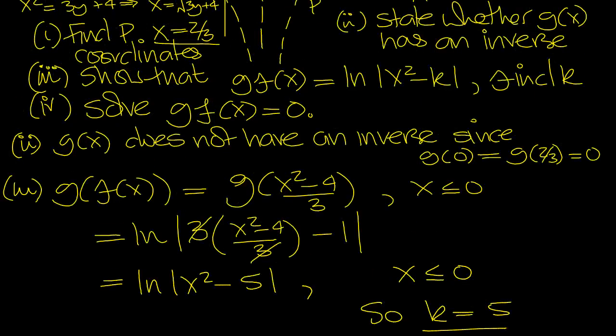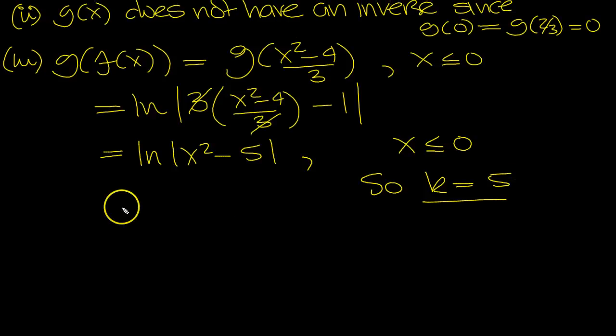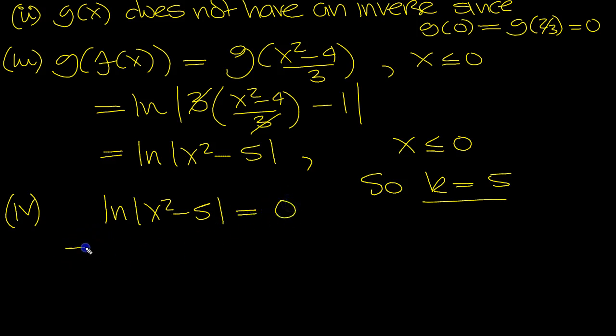So that's that one. Part 4: solve g of f of x equals 0. Log of the modulus of x squared minus 5 equals 0 implies, unwrap the log, modulus of x squared minus 5 equals 1. Right, okay, so what have we got here then?